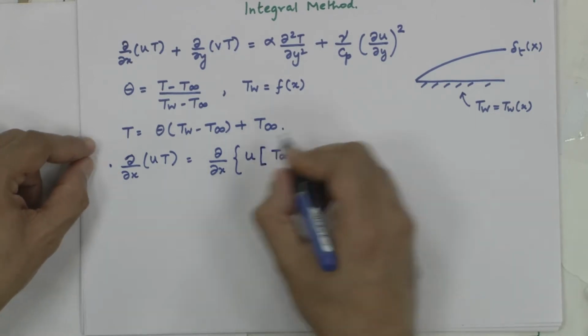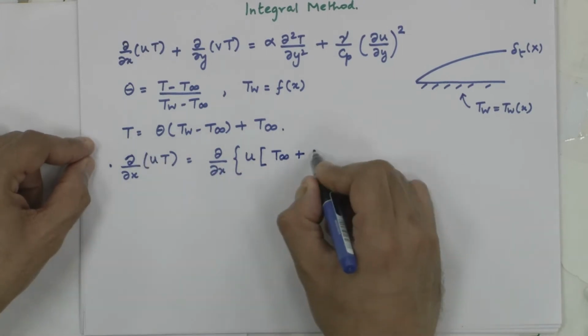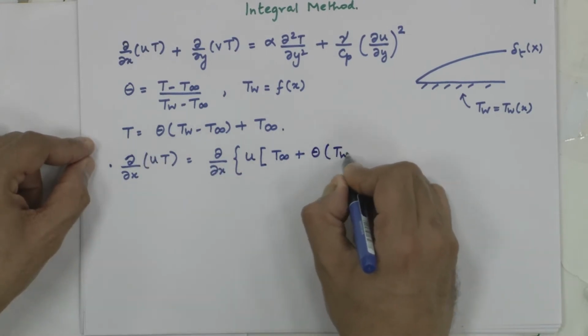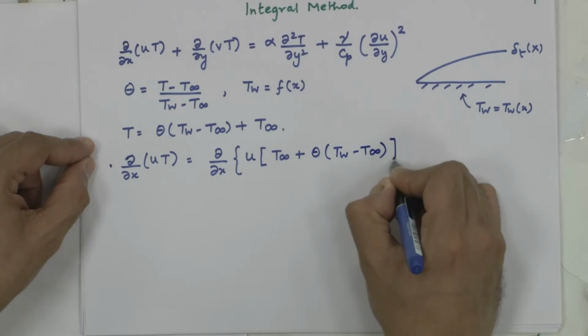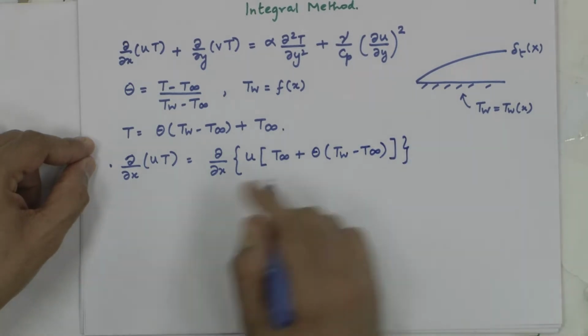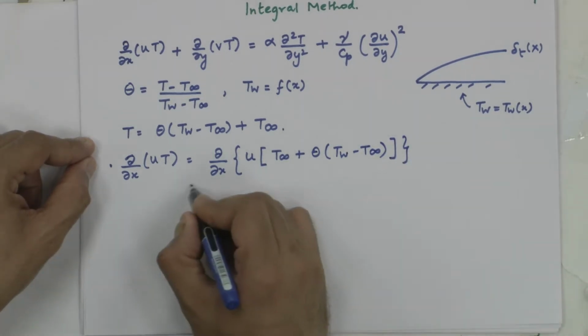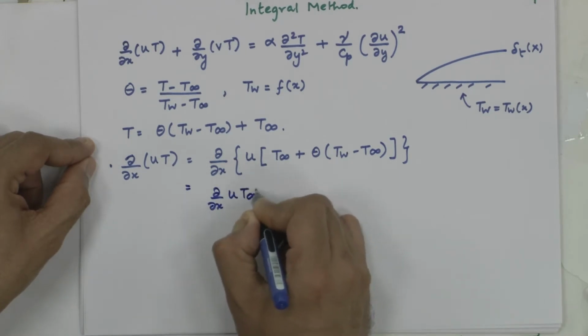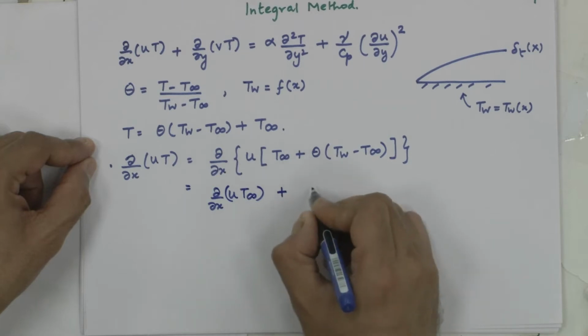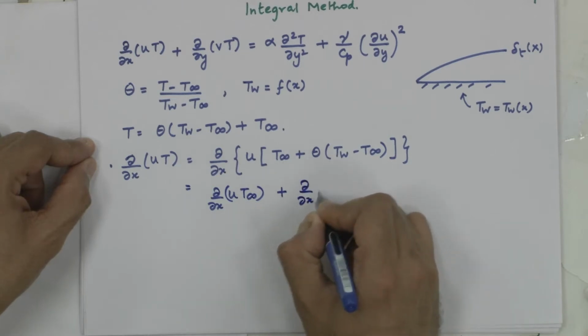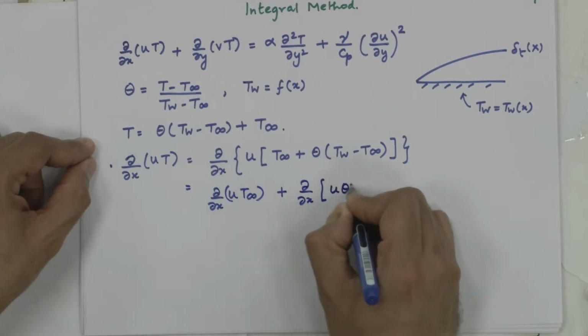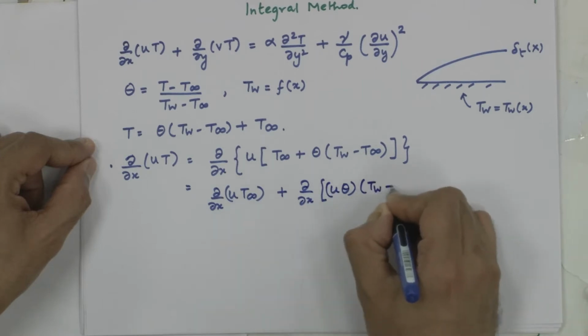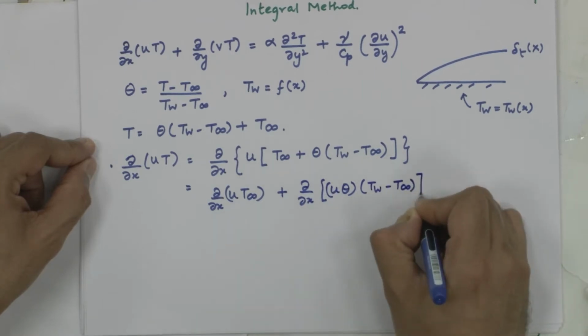I am going to substitute for T as this expression. This can be written as d by dx of u times T infinity plus d by dx of u theta (T wall minus T infinity). I have just opened the brackets here.